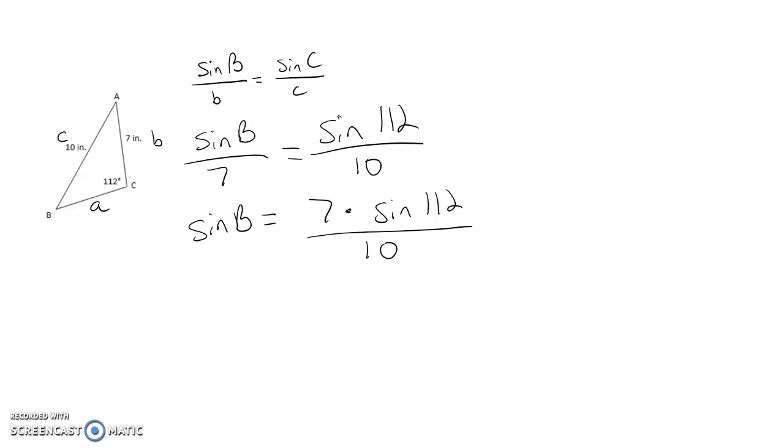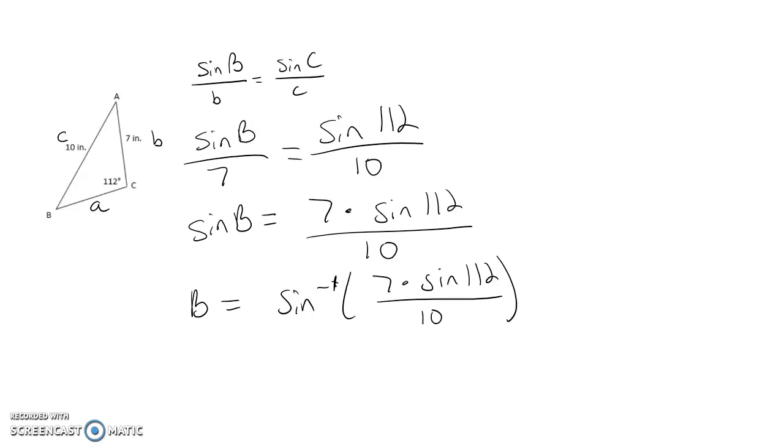Okay, so this is where we need to use the inverse sine of 7 times sine of 112 divided by 10 to get the measure of angle B. So B is equal to the inverse sine of 7 times sine of 112 divided by 10. Punch that into your calculator. You're going to press second sine and 7 times sine of 112.